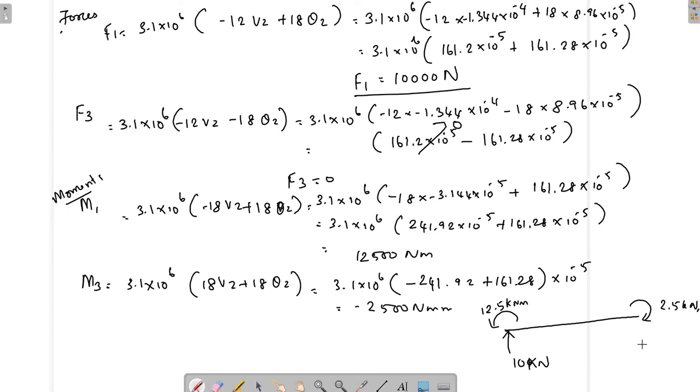F3 value is 0, so here you need not put the value. The given loading here is 10 kilonewton and the moment is 20 kilonewton meter. So this is the diagram representing the forces and moments. With this the problem is over. Try to understand, and if you have any doubt, clarify with me.